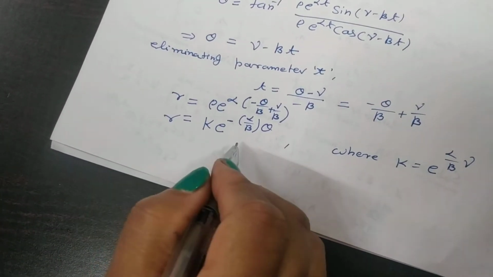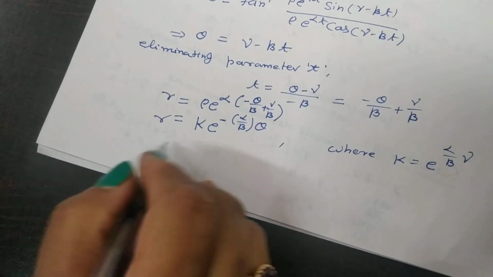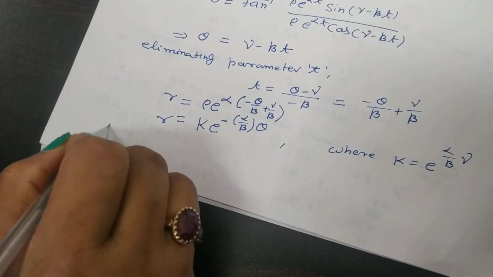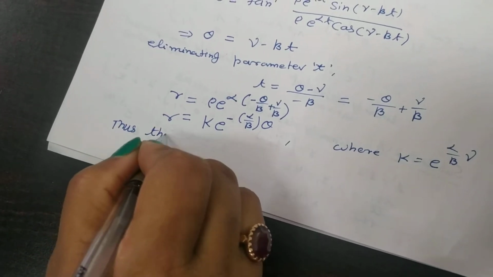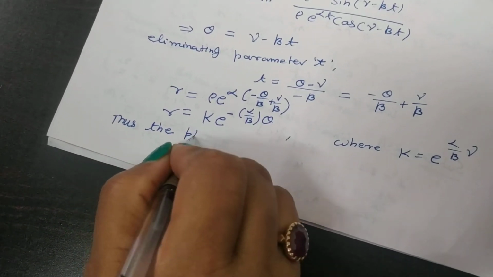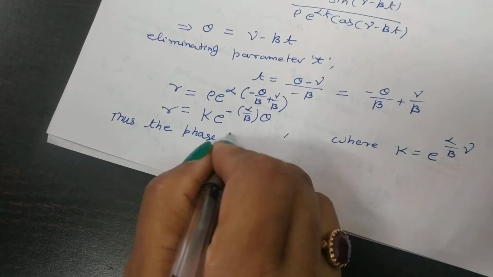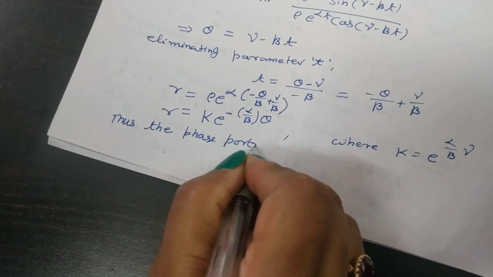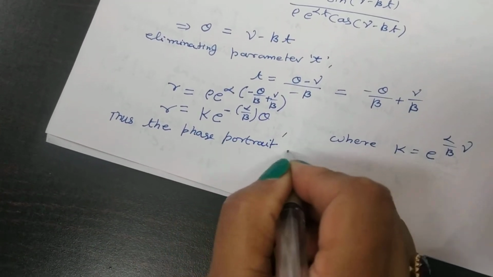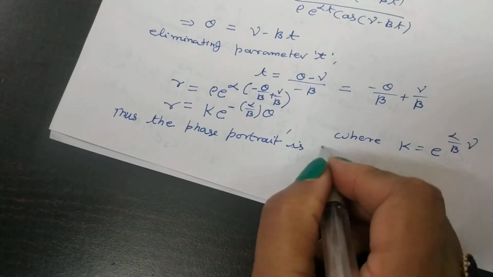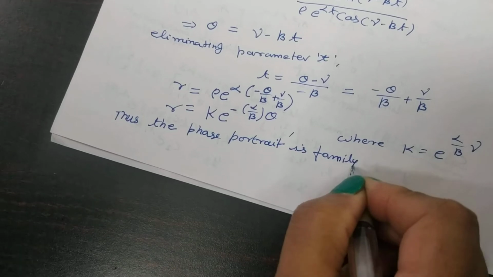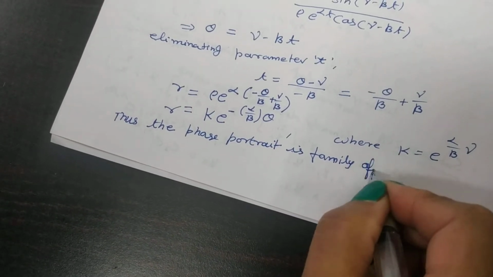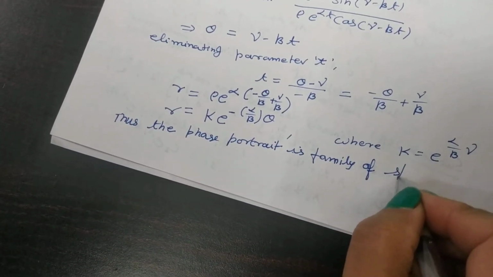Thus the equation is like that, spirals, so you can get the phase portrait as a family of spirals.